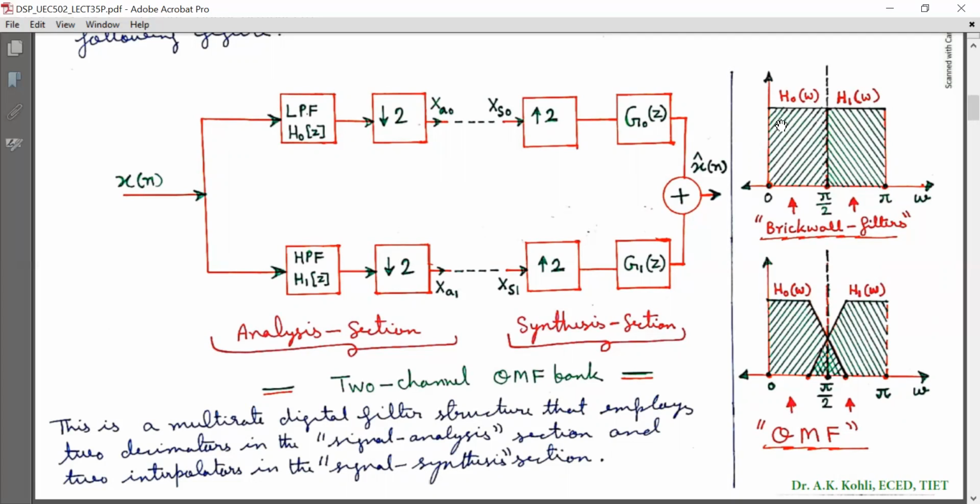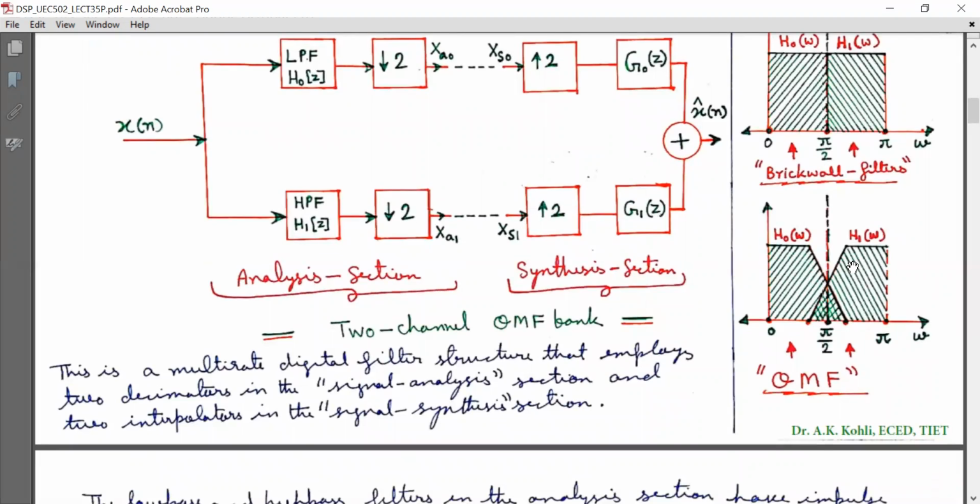So H0(omega) and H1(omega) are symmetrical about pi by 2. Now this figure shows a rough representation of the practical magnitude response for the filters H0(omega) and H1(omega), but still it is symmetrical about pi by 2.